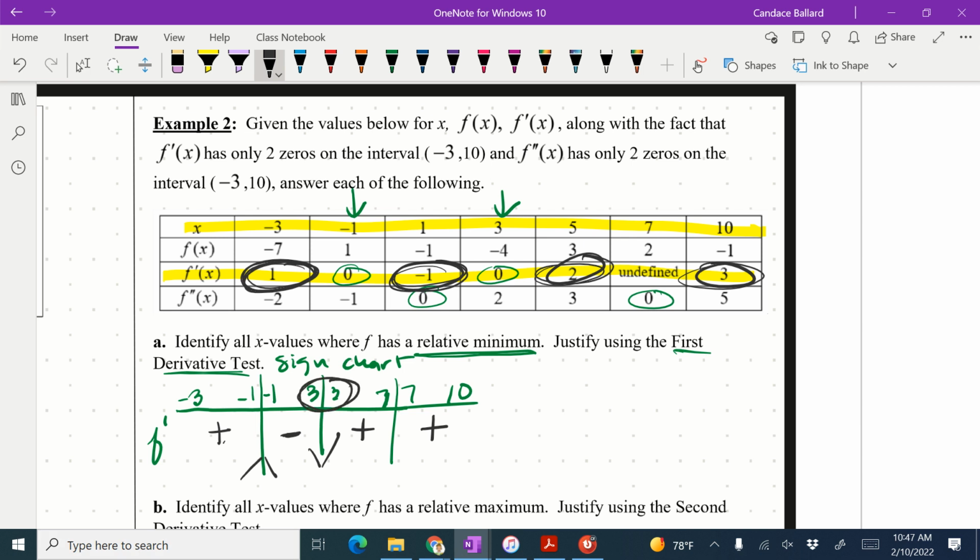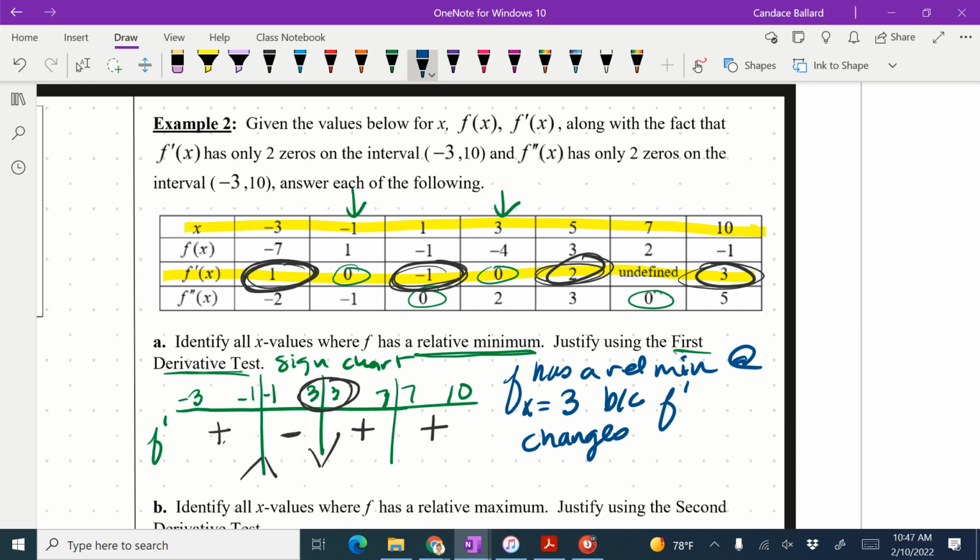Now we have to write the first derivative explanation for that. So we've got to write it as a sentence. F has a relative min, and again, I am being really lazy in my abbreviations right there, at x equals 3 because f prime changes. How does f prime change? Say it louder. Good.